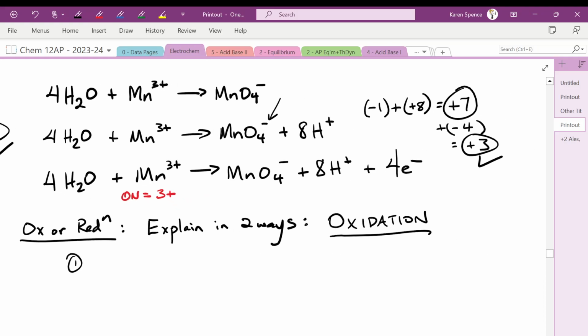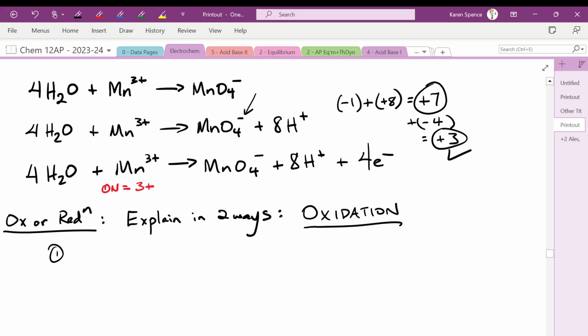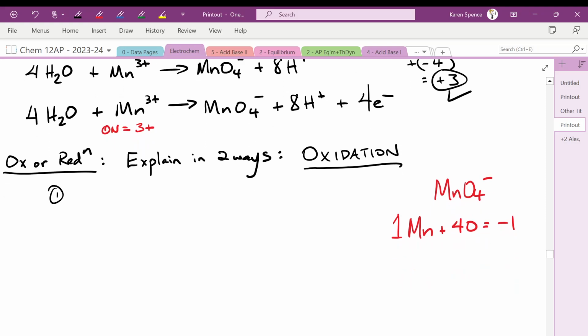Now, if you are good at doing these things in your head, you can say I have 4 times -2 is -8, but one of those is left over, so I need a +7. But if you're not good at doing that in your head, because sometimes I'm not, make sure you write out MnO4-. You have 1 Mn, you have 4 oxygen, and what's your overall charge? -1.